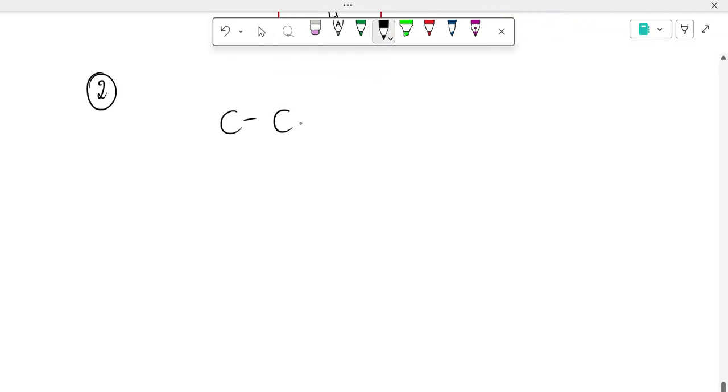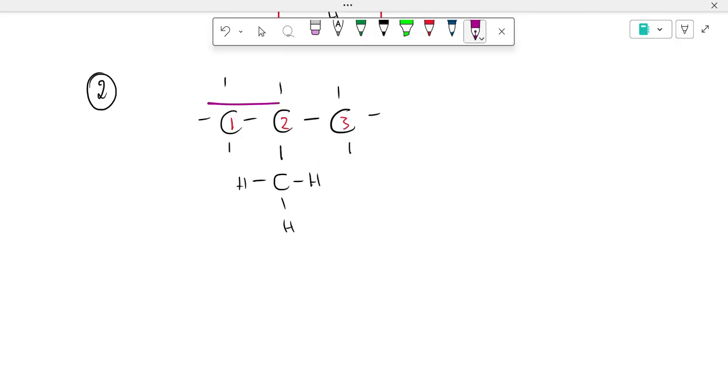So I have 1, 2, 3. Okay, so in this compound, the longest carbon chain will be this one, right? So how many carbons are in the longest carbon chain? 3.